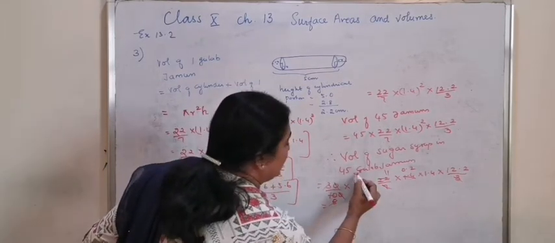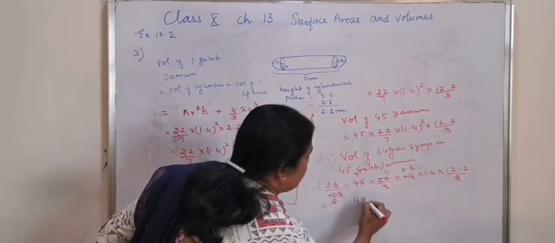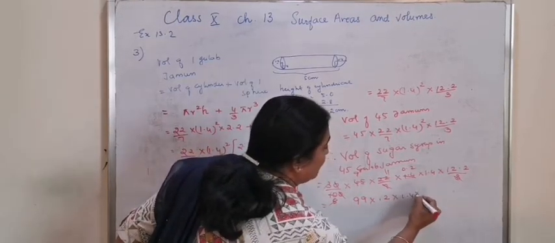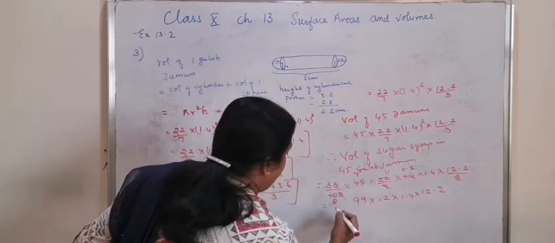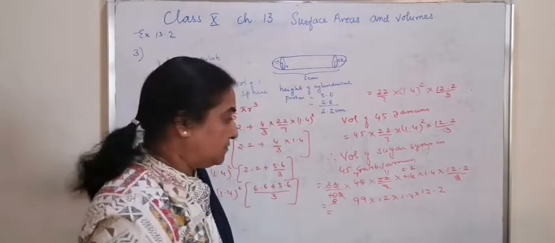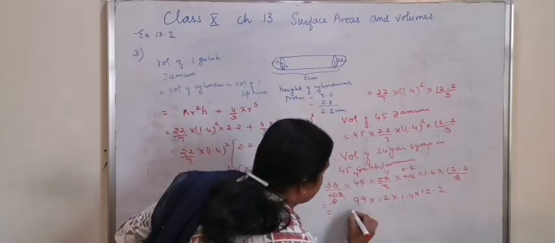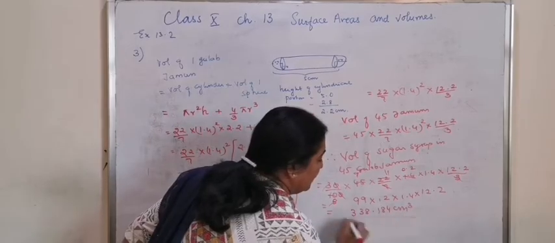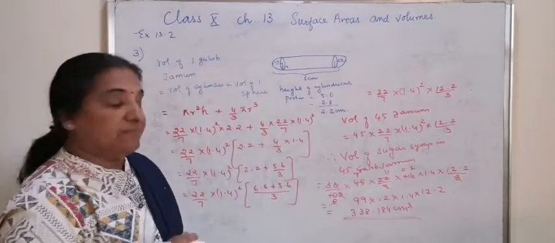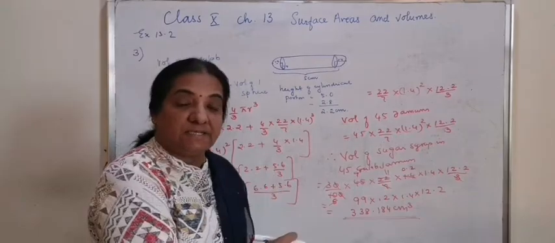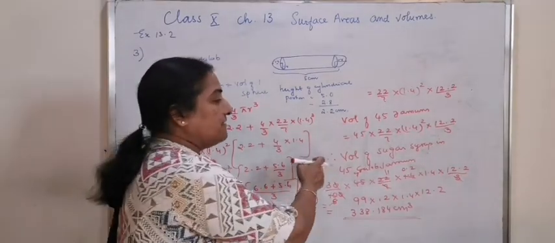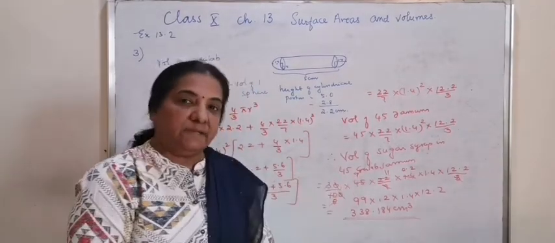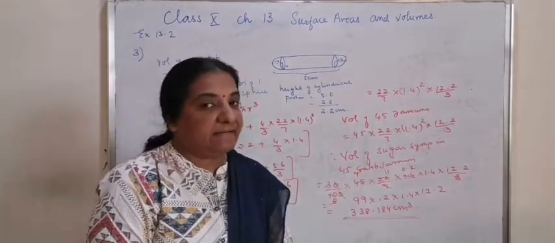So the final calculation, 9 into 11 is 99.2 into 1.4 into 12.2, and when you simplify this, you will be getting it as 338.184 centimeter cube. So instead of the simplification at each stage, just only the final answer they have asked as the volume of sugar syrup. So you can substitute all the formulas and then the multiplication and division can be done at the last.